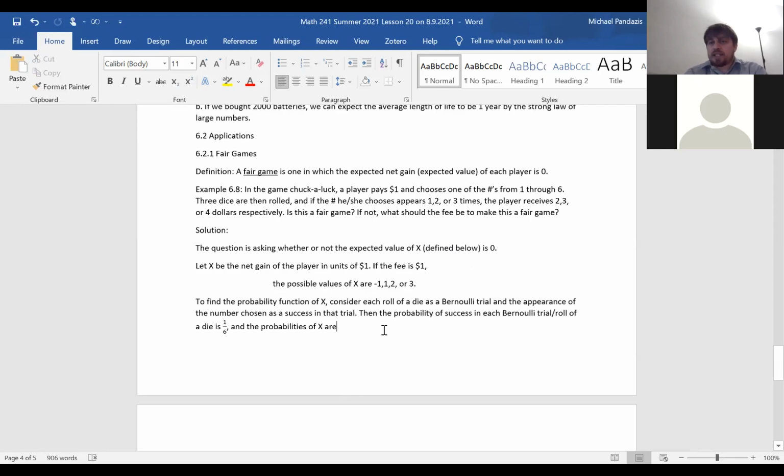Good. Those are the possible net gains of the game. So if you assign capital X the value of your net gain, what are the possible values of capital X?